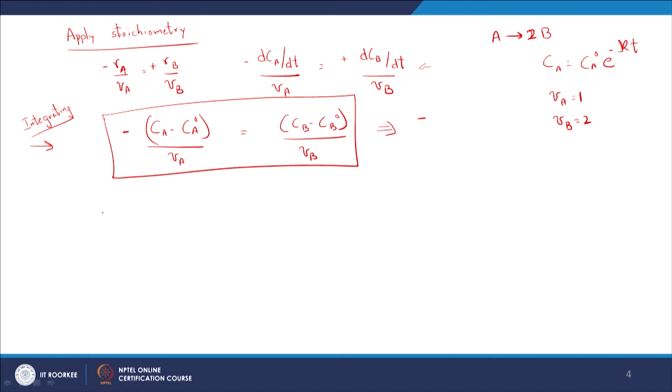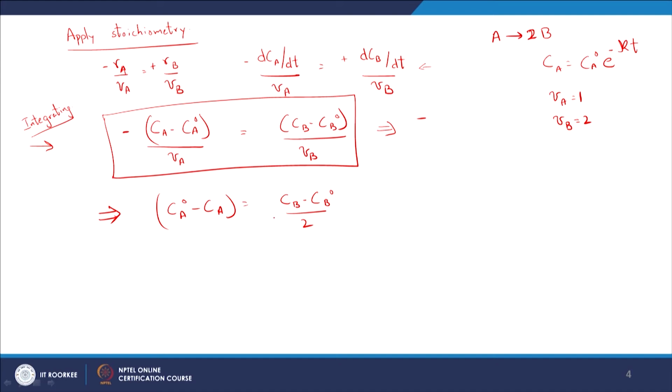If I plug those values in here, I am going to have Ca naught minus Ca equal to Cb minus Cb naught by 2. Let us see if we made any issues with the symbols. No, I think we are on the right track there.